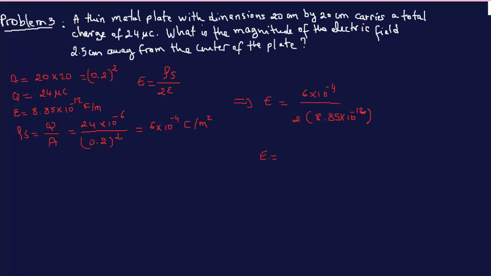And so the electric field, using the calculator again, is 3.39 times 10 to the power 7 Newton per coulomb. So that's our final answer. And that's it for today. Next time I'm going to find other problems as well to solve.